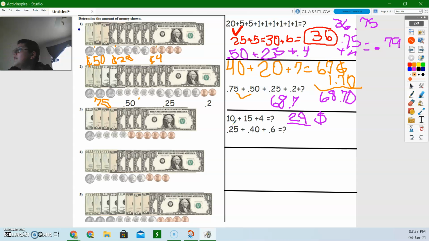Now, we have the cents. 25 cents plus 40 cents is going to be 65 cents plus 6 cents is going to be 0.71 cents. And for us to be clear, we're going to use again our calculator here. We're going to delete everything. We're going to 0.25 plus 0.40 plus 0.6.